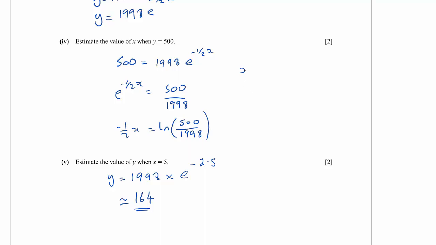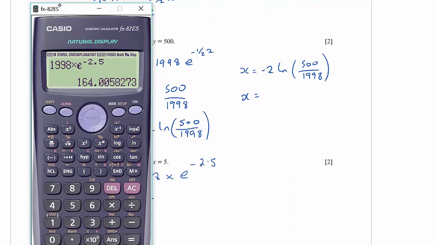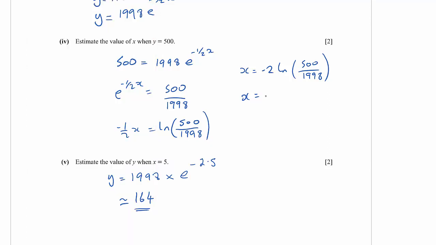So x is going to be negative 2 times ln 500 over 1998. So we can calculate that. We have negative 2 multiplied by the natural log of 500 over 1998. And that's 2.77 to 3 significant figures.